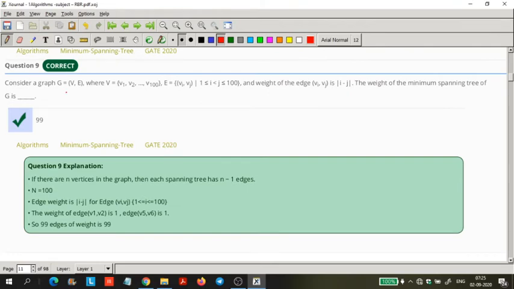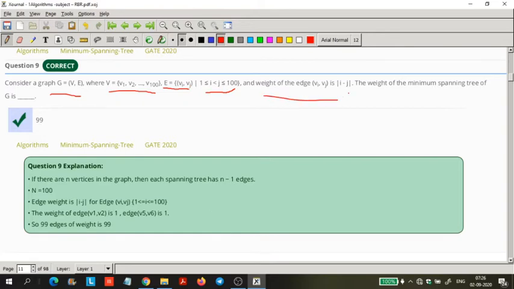Consider a graph with 100 vertices, where V is v1 to v100, and edges (vi, vj) where i and j are greater than or equal to 1 and less than or equal to 100.